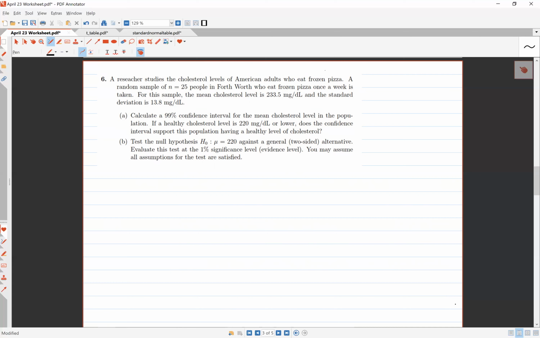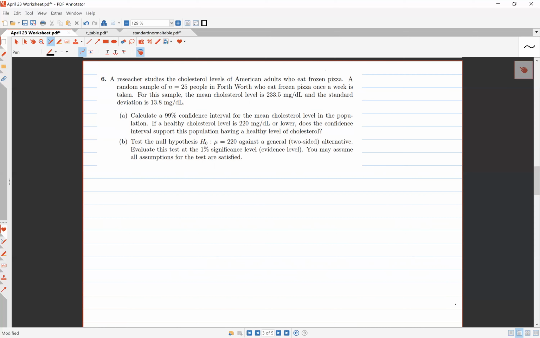So at least as far as an average goes, you should have consistency between confidence interval interpretation and doing an equivalent hypothesis test.